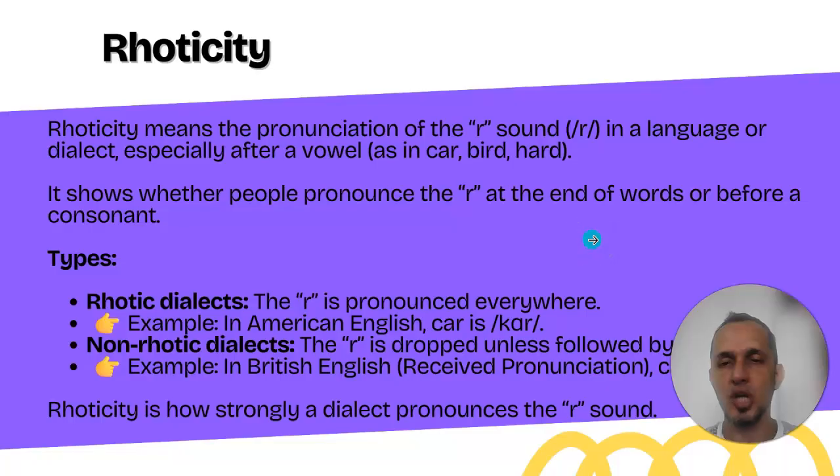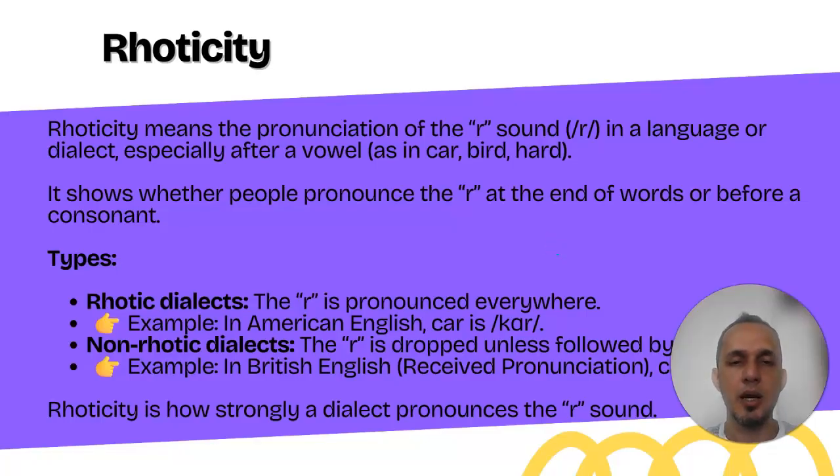We have two types. The first one is rhotic dialects and the second one is non-rhotic dialects. In the first one, the R is pronounced everywhere, and we can find this in the United States, not in all states, but most of them.